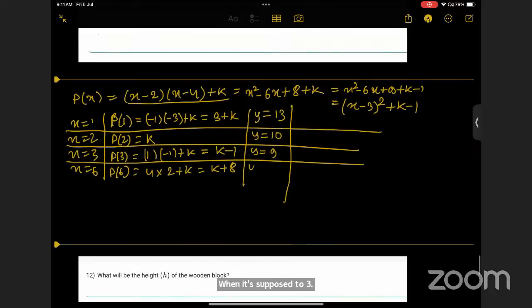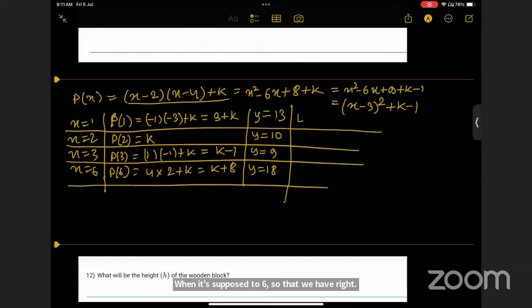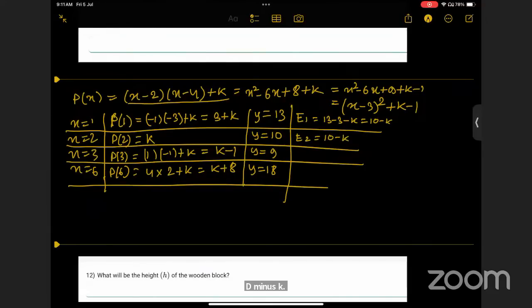And y equals 8 when x equals 6. So that we have, right? From here, we can calculate the error. Error 1 is 13 minus 3 minus k, which is 10 minus k. Error 2 is 10 minus k. Error 3 is 10 minus k. And error 4 is 10 minus k.